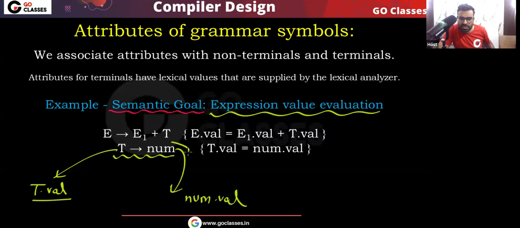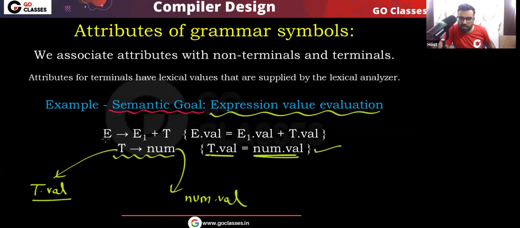In this production, T is going to num, which is a terminal, and with this terminal also the attribute val is associated. This num.val will be supplied by the lexical analyzer. So finally, since T is going to num, T.val will be the same as num.val. This is the semantic rule. Using it, we are computing T.val, the val attribute of non-terminal T.